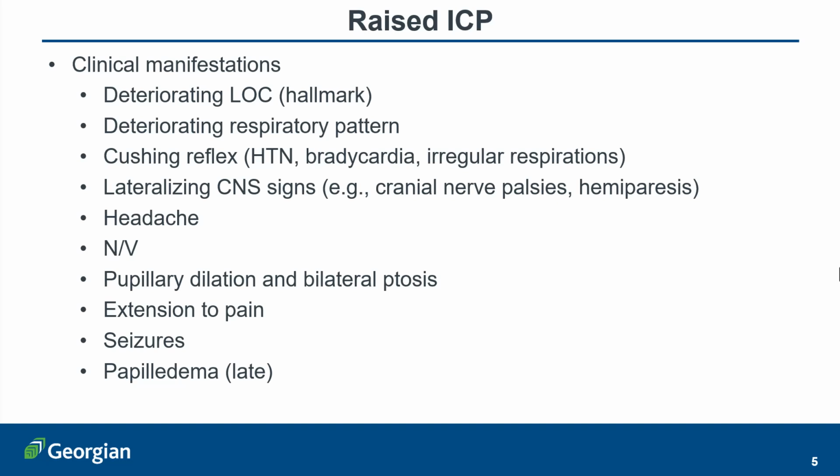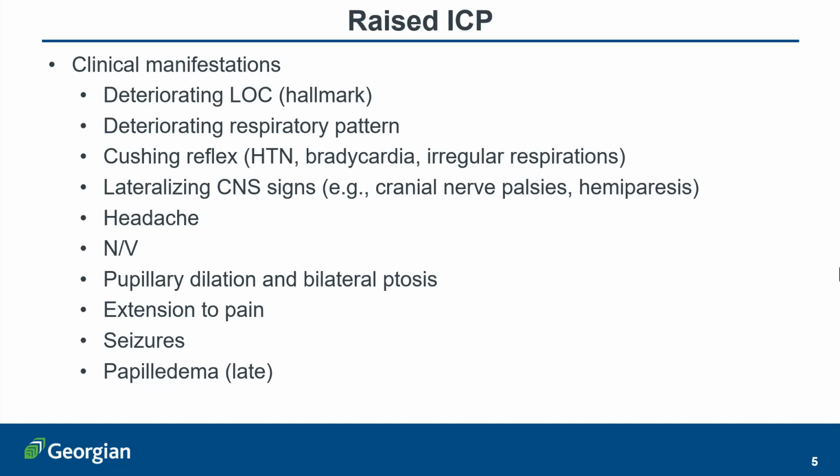As the pressure continues to rise, you get these lateralizing CNS signs. Lateralizing means that it affects the lateral parts of the body, right? The cranial nerves, the term is a bit odd, but the cranial nerves we know are paired and affect the lateral parts of the body, right?